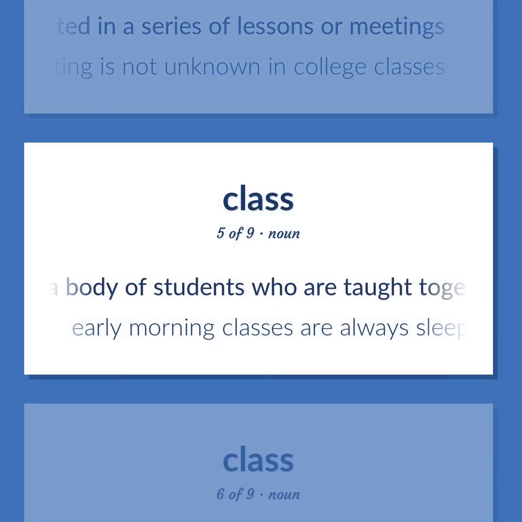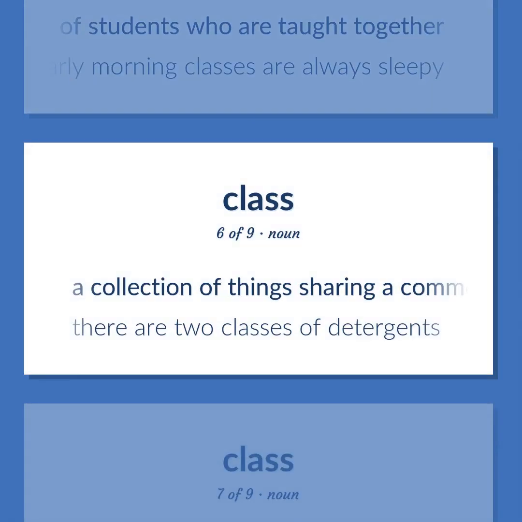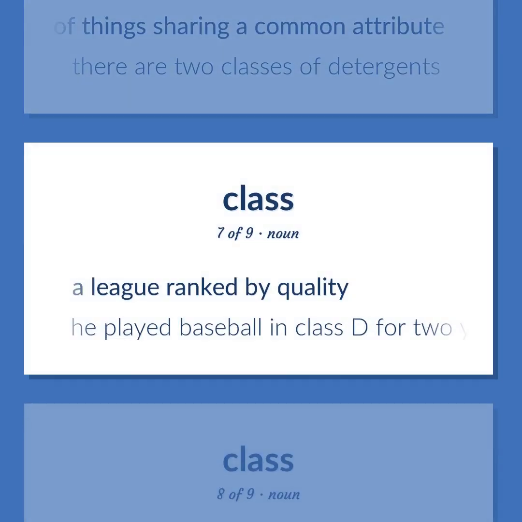A body of students who are taught together. Early morning classes are always sleepy. A collection of things sharing a common attribute. There are two classes of detergents. A league ranked by quality. He played baseball in Class D for 2 years.